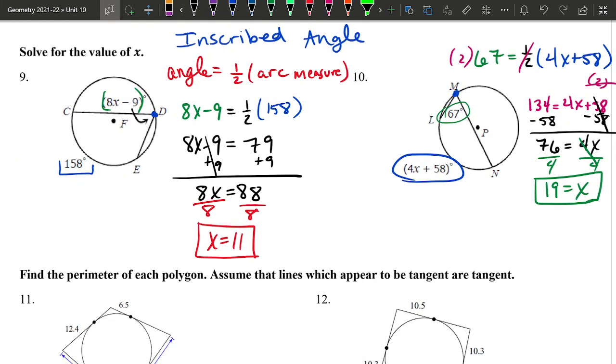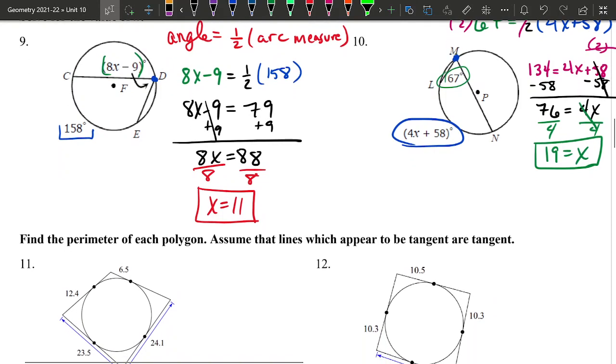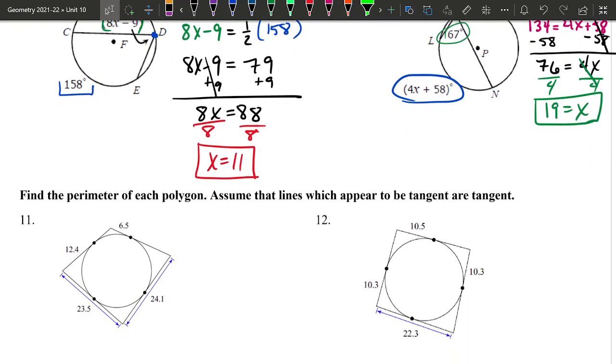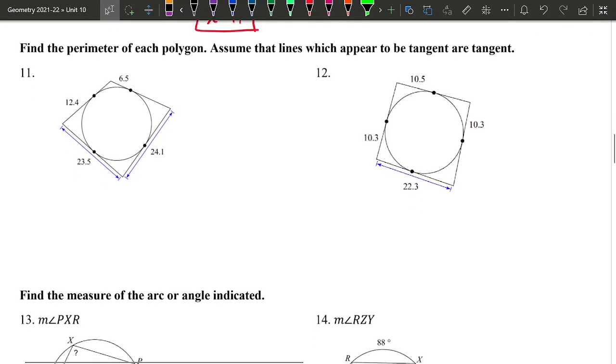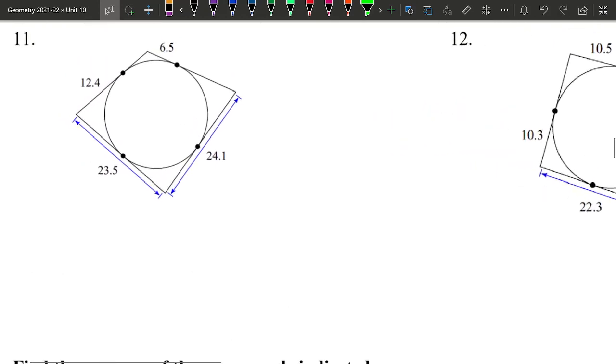All right, and then the next section is a little tricky because there's not a formula for the next section, the perimeter. The perimeter is just a concept that when you have tangent lines that intersect at a point outside the circle, those segments are equal to each other.